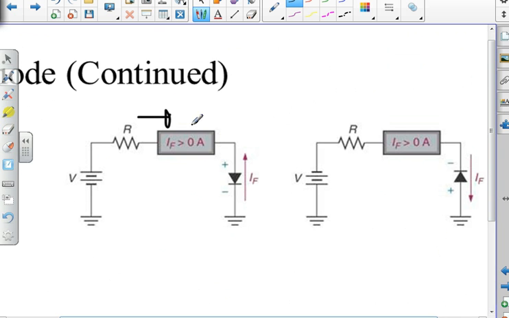My current's flowing that way. I see that I'm forward biased again. My current is flowing this way. So I've grounded the positive side. I have negative voltage on the negative side. I have current flowing. My path of current is through my grounds because I have to have a complete circular path of current.